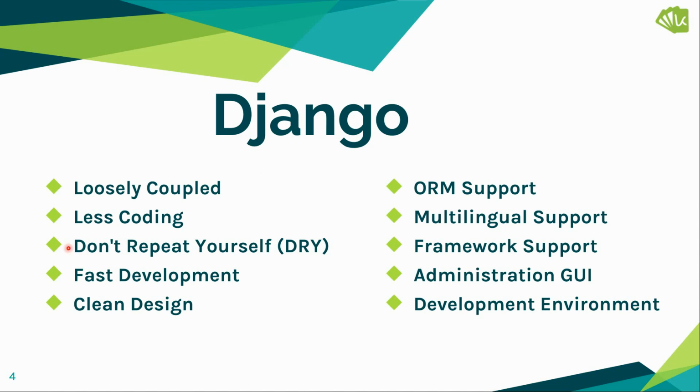Then due to lot of boilerplate code available, we have to do a lot less coding. We just need to define a few parameters, and based on that, most of the aspects of the page will be available. Then comes don't repeat yourself.